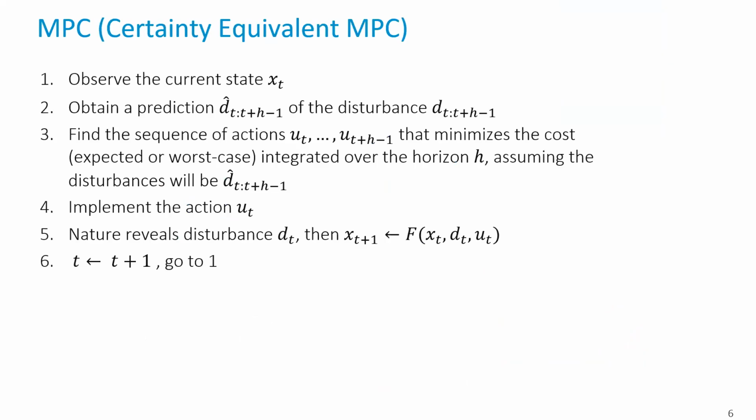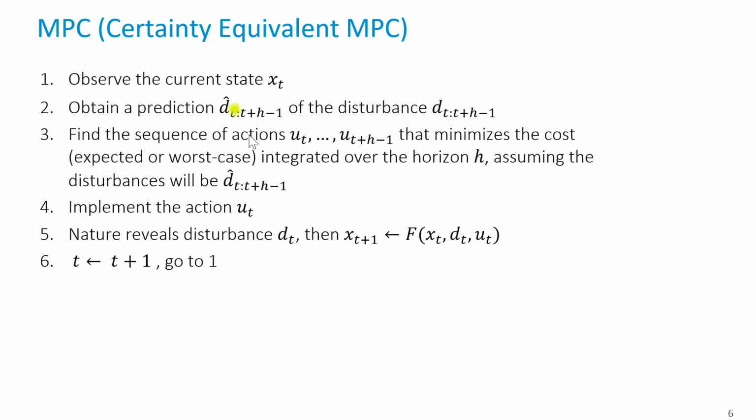So that is the framework. How does MPC solve the problem? Remember, the problem is now to say, I want to take the decision now such that in the long run, the collection of all my decisions will be close to optimal. So the idea is as follows. We observe the current state. We want to say something about the future, so we must have a prediction of the future.